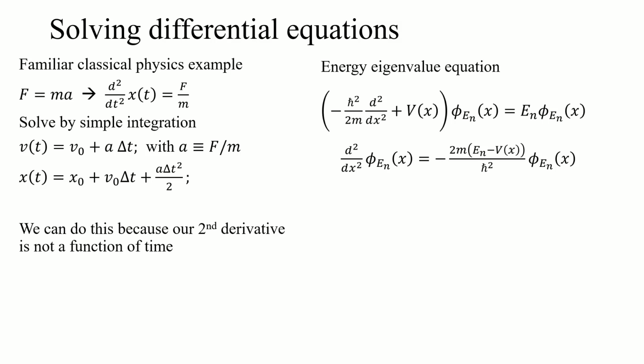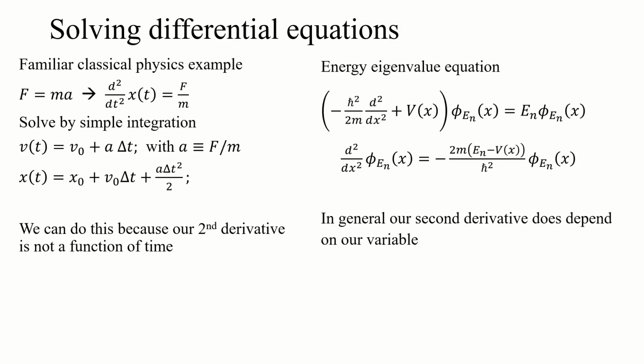It was slightly more complicated, but in general, our second derivative depends on the variable that we're trying to solve as a function of. It has that wave function on both sides, but more importantly, it has this potential energy term here that depends on position as well, which can make things very complicated and essentially unsolvable analytically for many cases.